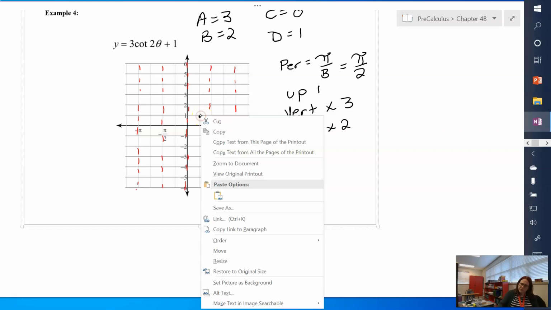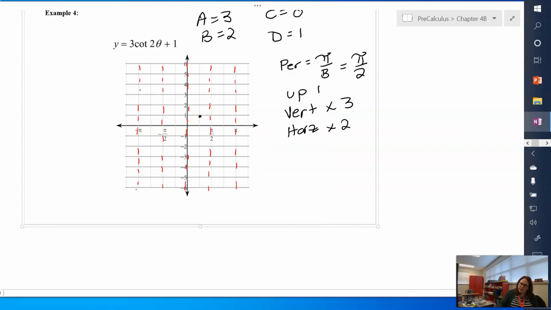I did the 5 at the wrong place. And now let's do our stretch. So right here, I would be here. So I'm going to get a point there. And then I have a times 3, so I'm going to go down 1, 2, 3, and I have a point there.